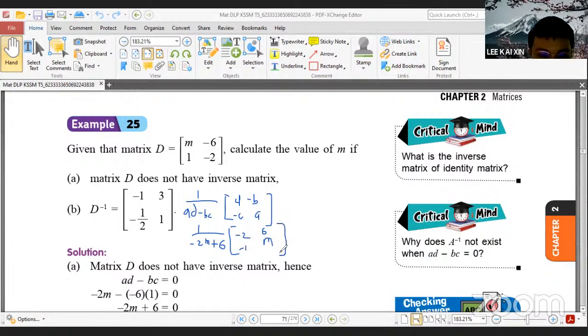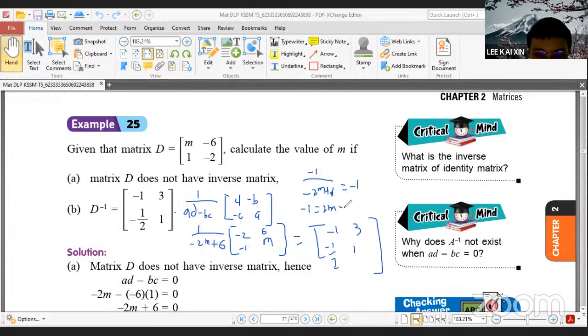So actually you can just do this way. Okay, then I just write on top, you get -1, -2m plus 6, equals to -1.